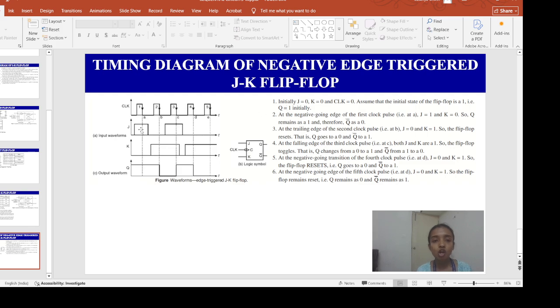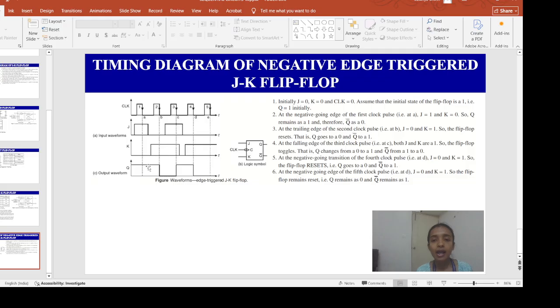Initially J is 0, K is 0, and the clock signal is 0. So we can assume that the initial state of the flip-flop is 1, that means Q equals 1 initially. This is the initial state. At the negative going edge of the first clock pulse, that is at point A, J is 1 and K is 0. So Q will remain 1 and therefore Q bar will be 0.